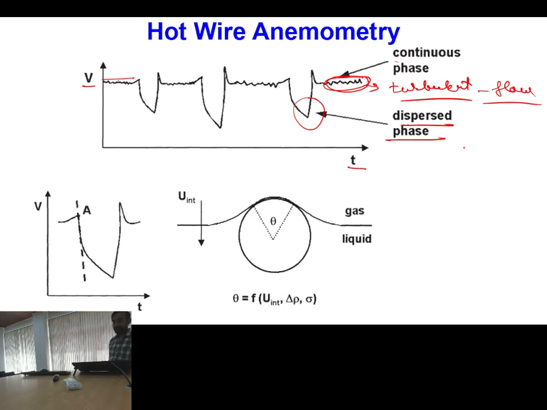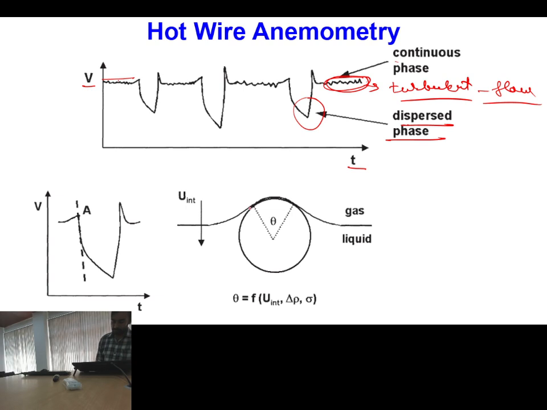Now, the measurement of dispersed phase velocity can again have some errors. Why errors? Because when your probe is there, at the probe location, when the interface is approaching, some micro level phenomena such as interfacial tension and wettability come into the picture.